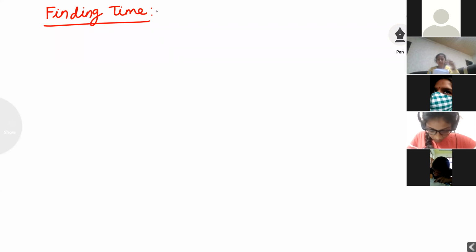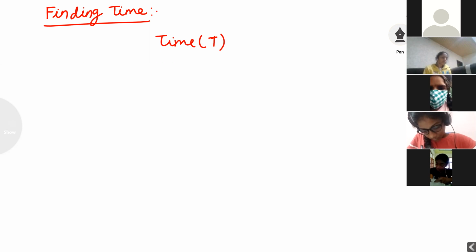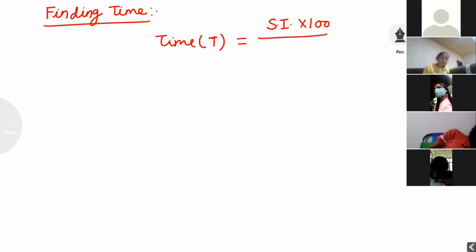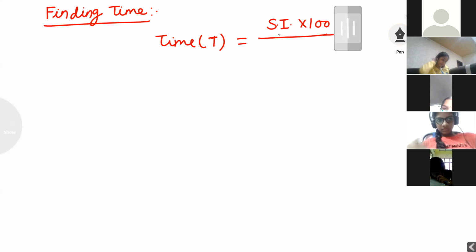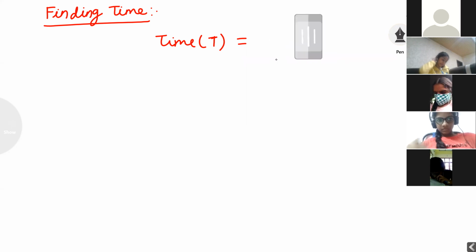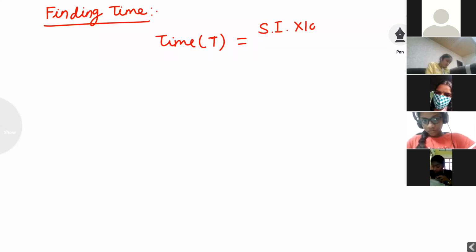Time t is equal to SI into 100. What is SI? Not sub-inspector. Simple interest. Time t is equal to SI into 100 divided by time we have taken.